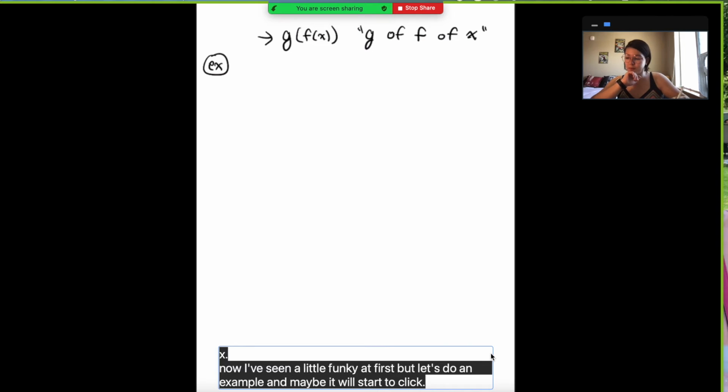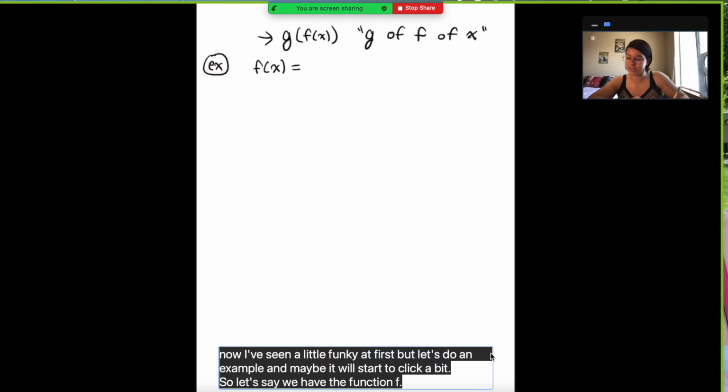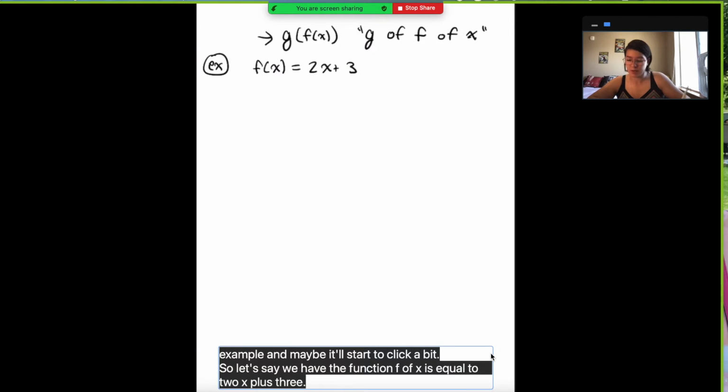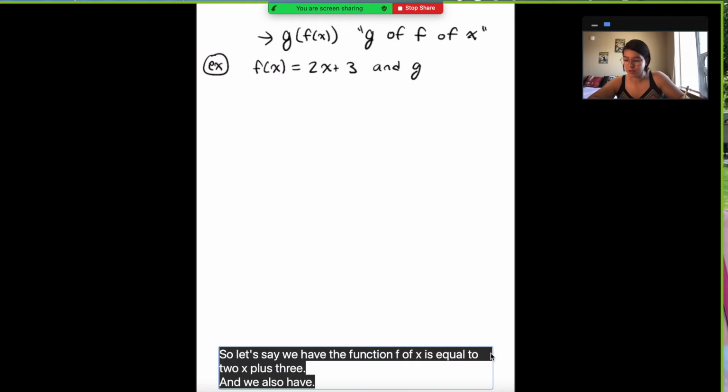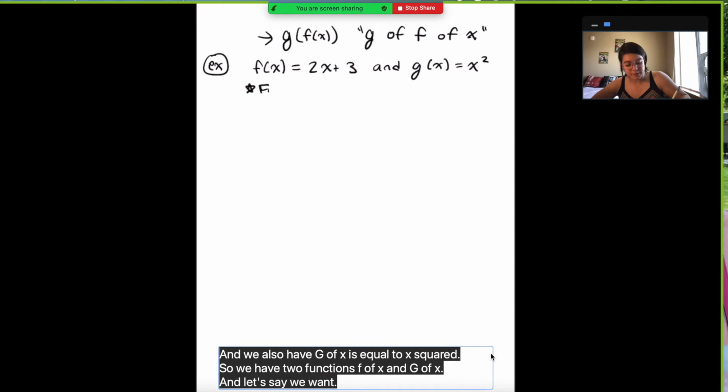That might seem a little funky at first, but let's do an example and maybe it'll start to click a bit. So let's say we have the function f of x is equal to 2x plus 3. And we also have g of x is equal to x squared. So we have two functions, f of x and g of x. And let's say we want to find g of f of x.